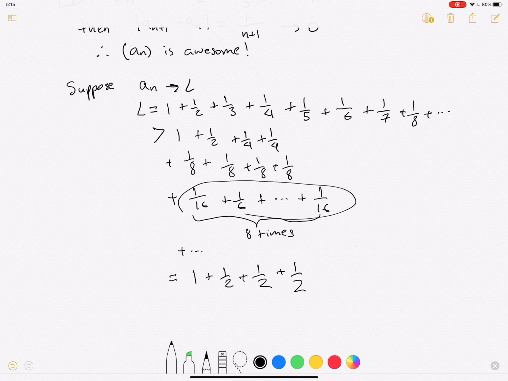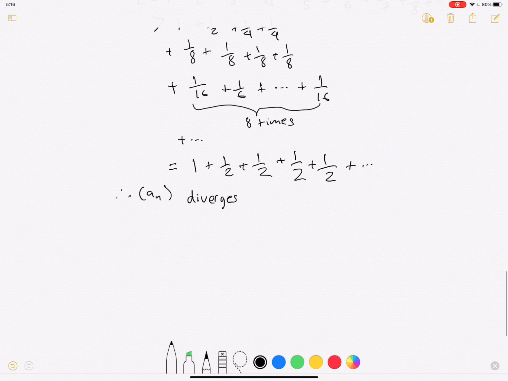Again, this is equal to 1/2, so another 1/2, and so on. And here, a_n diverges. So this one is awesome, but it diverges. So that's it.